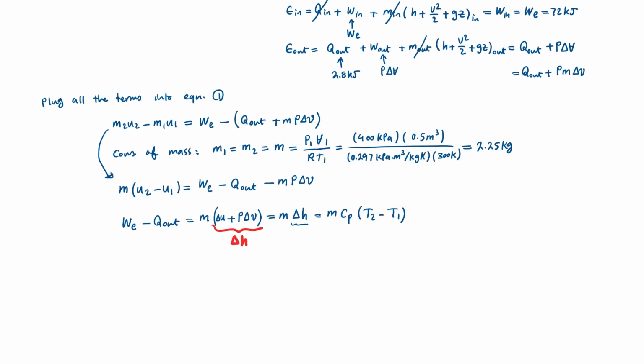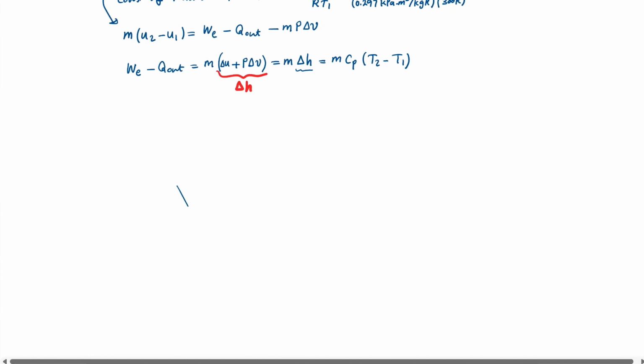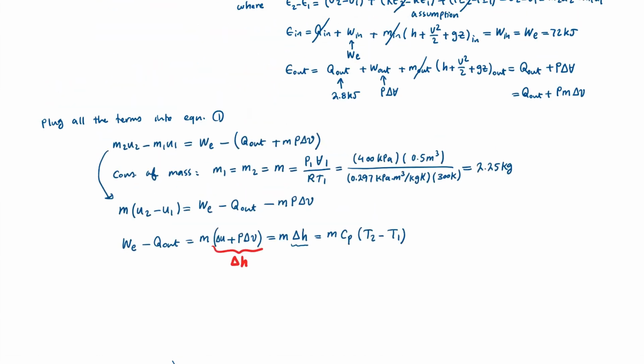So let's see what we have. Electric work minus Q out is equal to mass times Cp times T2 minus T1. Electric work, we solved it. It is equal to 72 kilojoule. Heat loss is given in the problem, 2.8 kilojoule. Mass, we solved it.